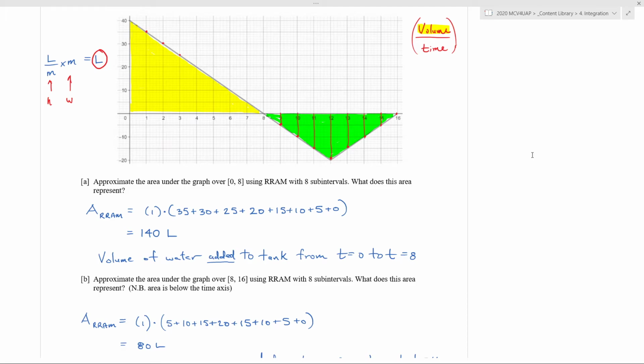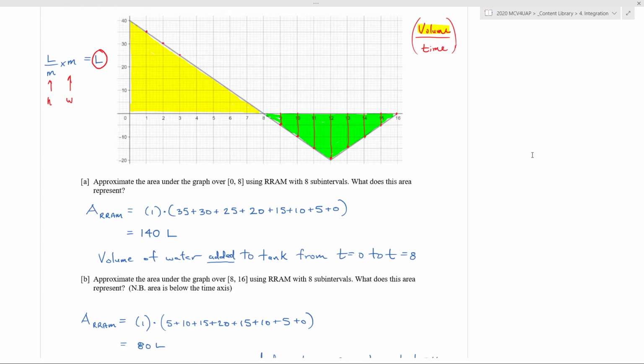That's what a negative rate would indicate in this problem, that water is being removed from the tank. So the area of that green triangle is 80, which represents 80 liters of water being removed from the tank. So the net change in volume, you just subtract the numbers.